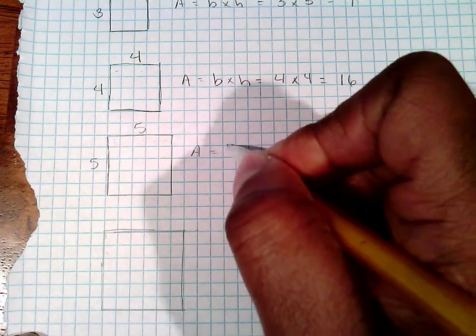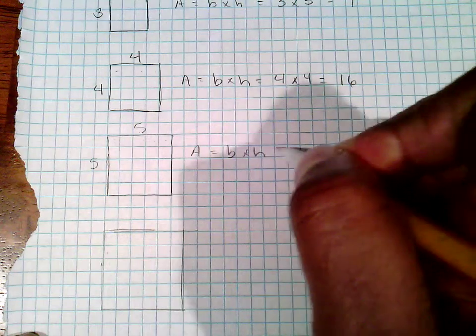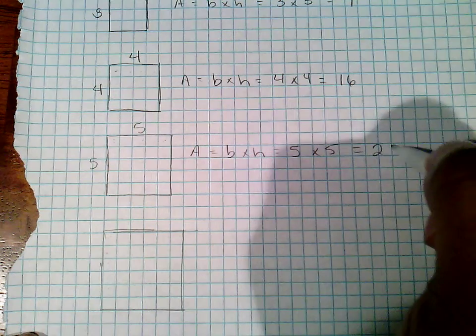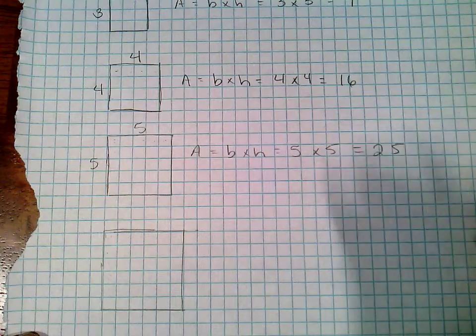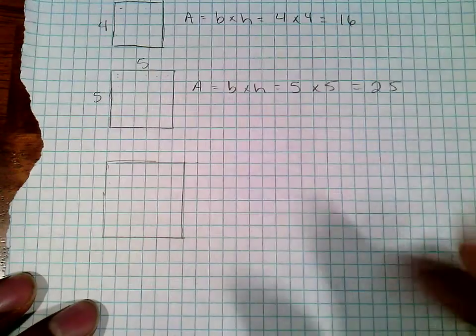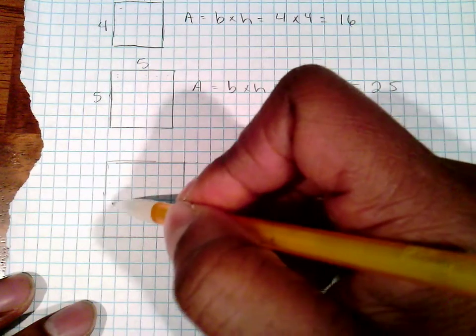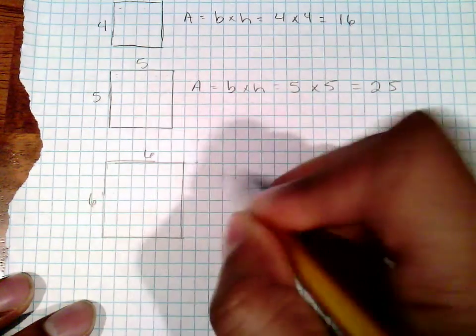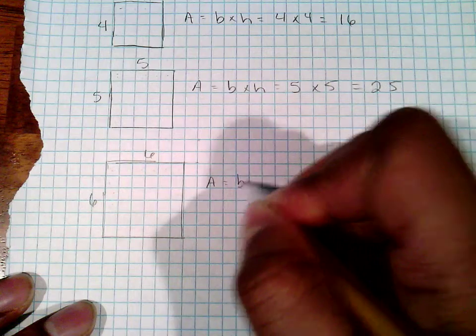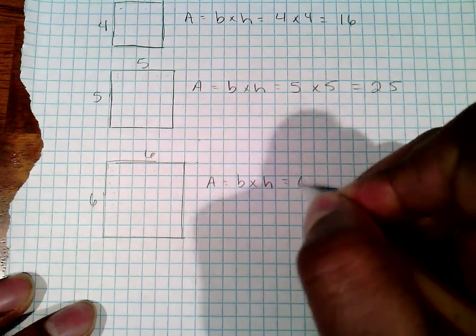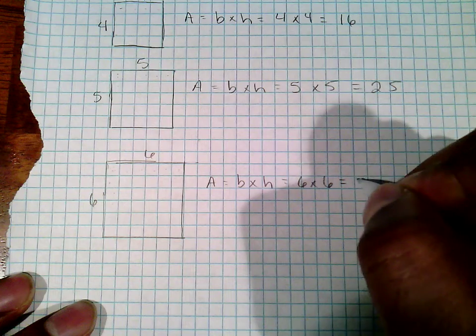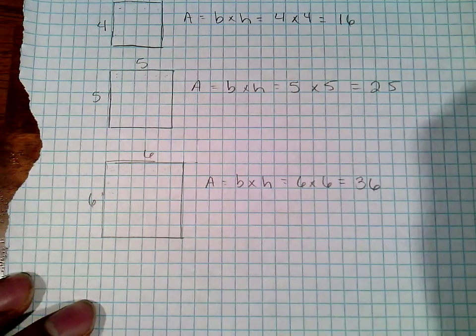The area of this square is base times height. It'd be 5 times 5, which is 25. And this last one here, 1, 2, 3, 4, 5, 6 high, 1, 2, 3, 4, 5, 6 wide. So the area is base times height equals 6 times 6, which is equal to 36.